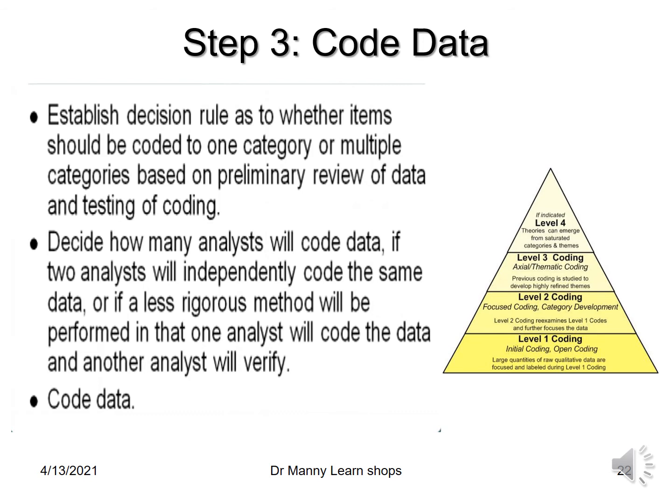Or again, a decision has to be made whether another analyst will verify whether the codes are correct or accurate. This deals with reliability. It deals with validity. Then the data is coded.